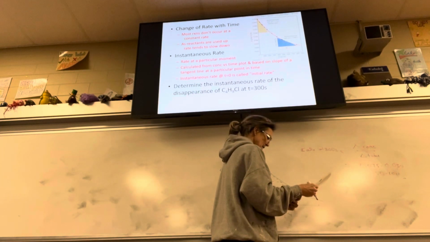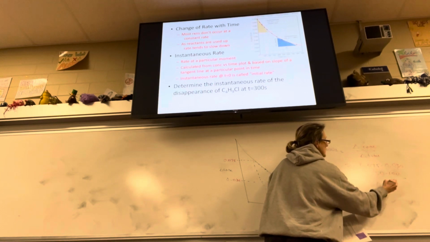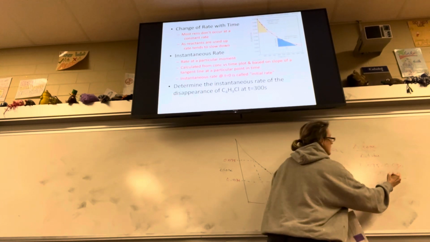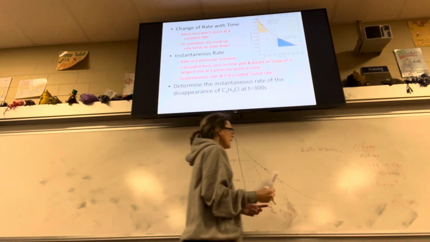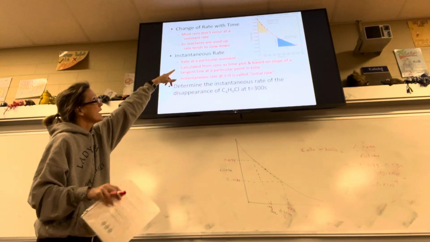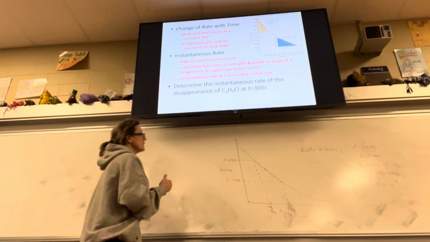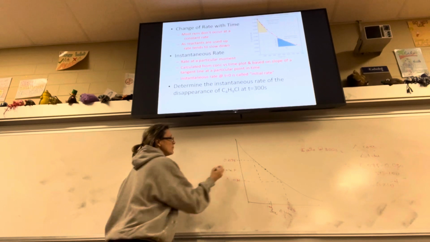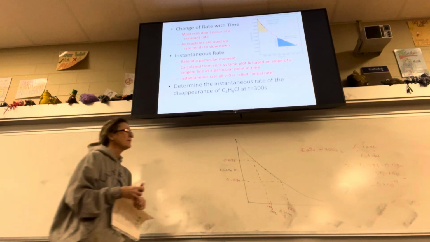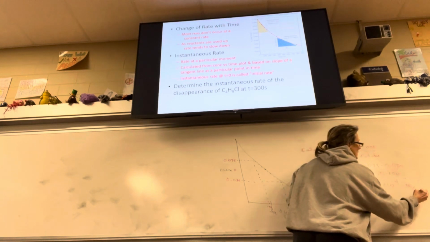So that gives us 1.0 times 10 to the negative fourth. If you look at the units on the y-axis, the concentration is in molarity instead of moles, so the capital M. So our rate is going to be in molarity per second.